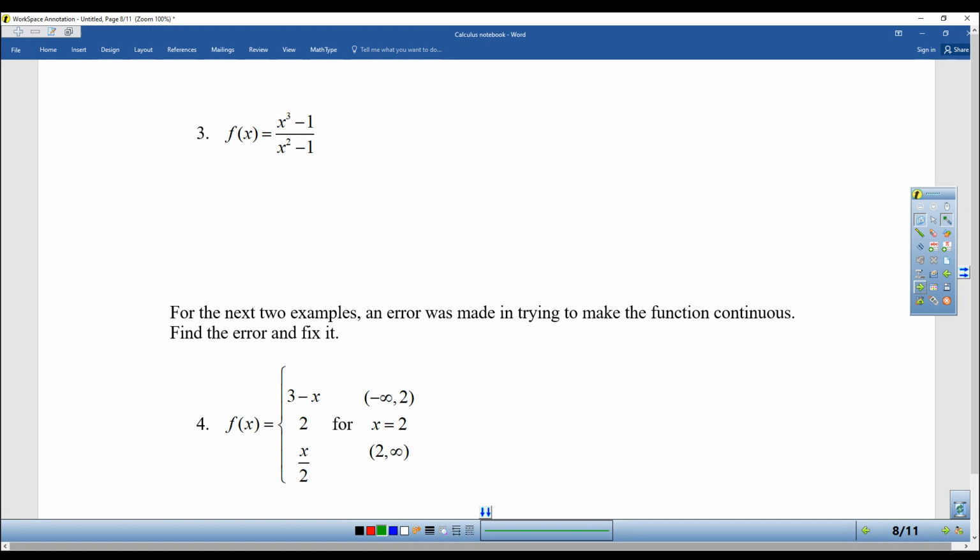Okay, the next example is on here to see if you remember how to factor 2 cubes. This is a formula that if you're in AP, you're going to have to memorize. If you are in honors, you should be adding this to your appendix. A cubed minus B cubed is A minus B times A squared plus AB plus B squared.